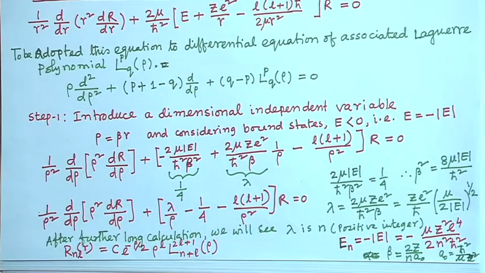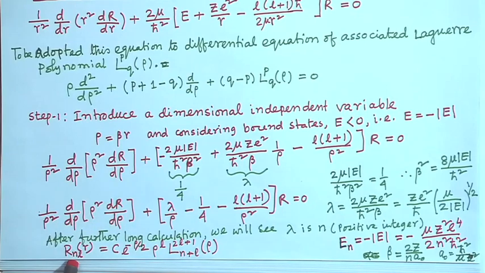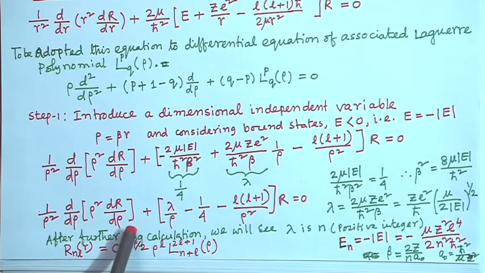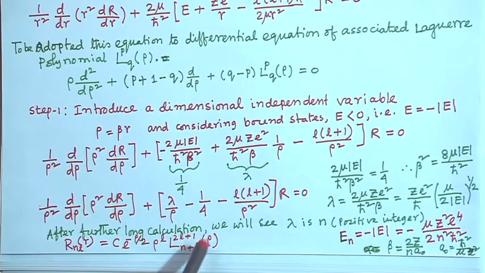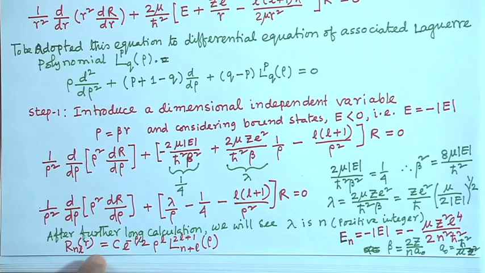Finally, if you proceed, you will get this form of the function R. R is equal to some constant C, e to the power minus rho by 2, rho to the power L, and then the associated Legendre polynomial, okay. This will be the form of psi n L. So, let us accept this without further long calculation.